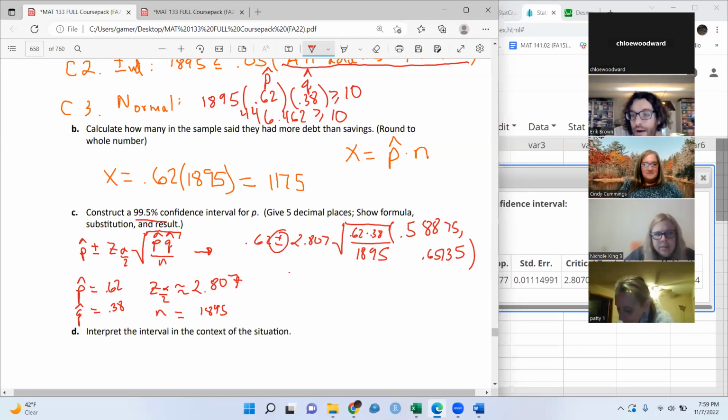There's no such plus or minus button in Desmos or your calculator, so you have to enter these one at a time. The reason I'm not as interested in you writing out the substitution is because of that. I'm interested in the formula and the values. I assume you can substitute, but maybe I shouldn't. And then you get StatCrunch to tell you the answer.